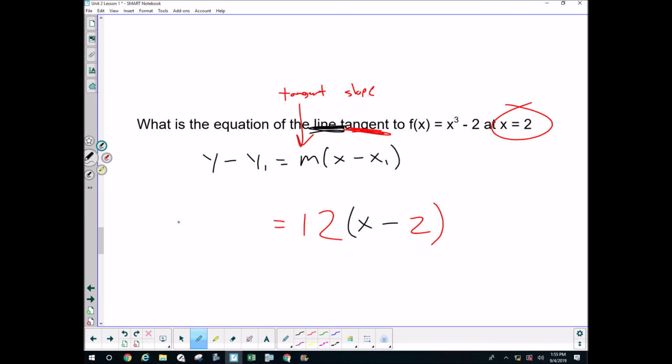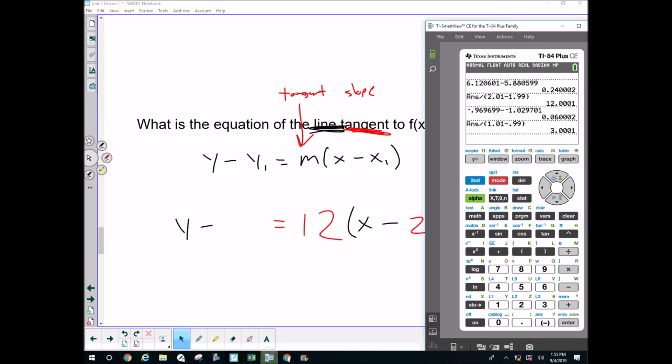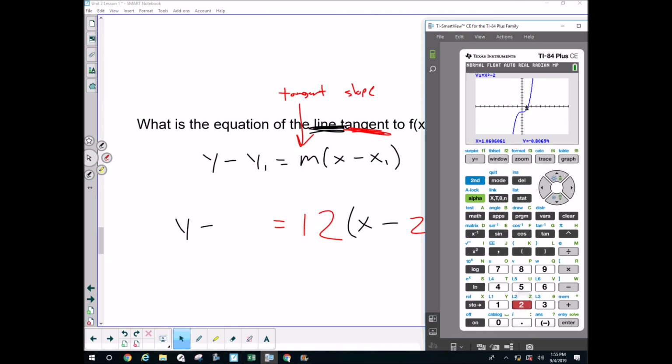Now, where does y1 come from? Yes, Ms. Hoffman, it is the point on the graph of x cubed minus 2 at 2. My tangent line passes through the point 2, 6.